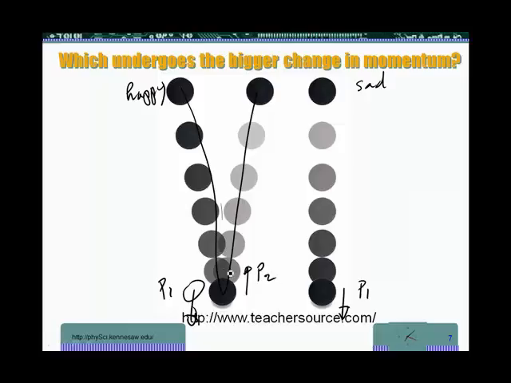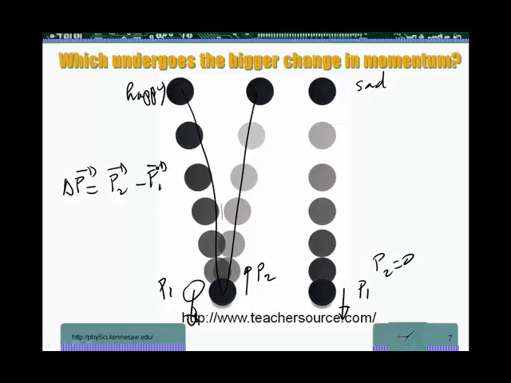P2 is going to be equal to P1, but in the opposite direction. Now, for the sad ball, the final momentum is going to be 0. For the happy ball, the change in momentum is going to be P2 minus P1.